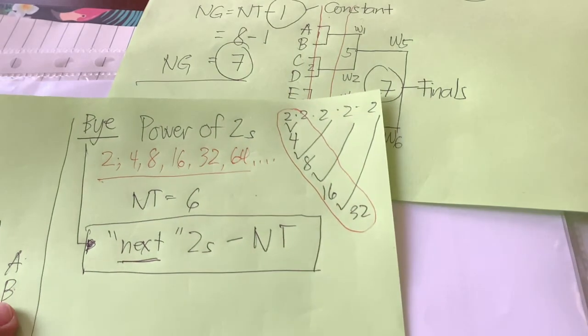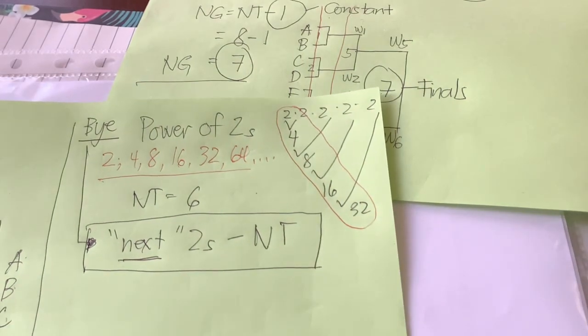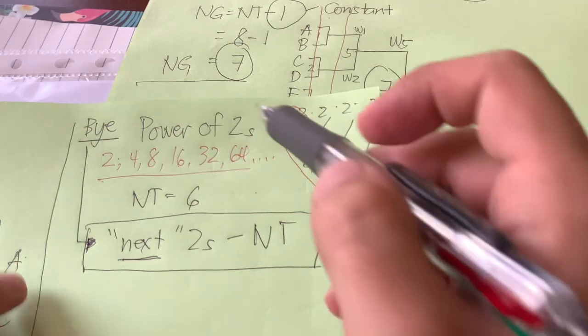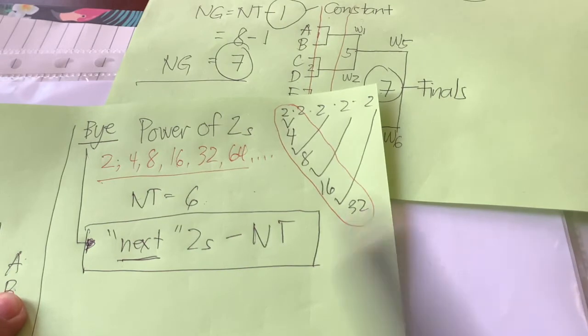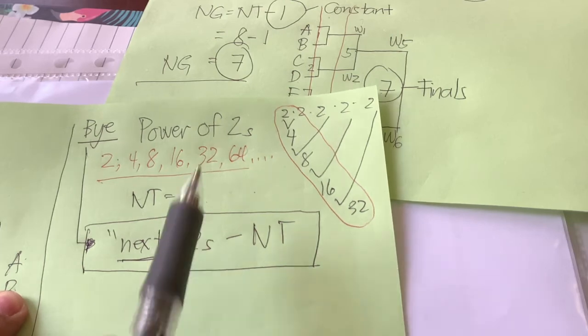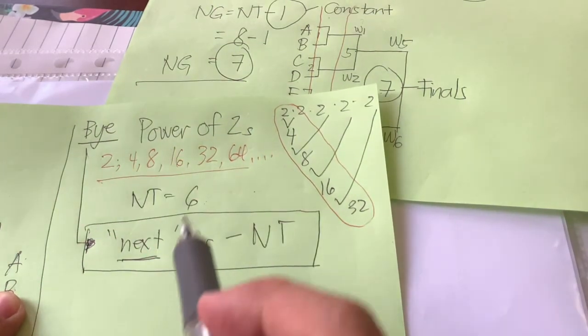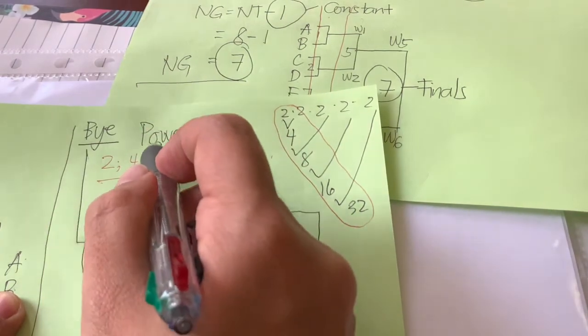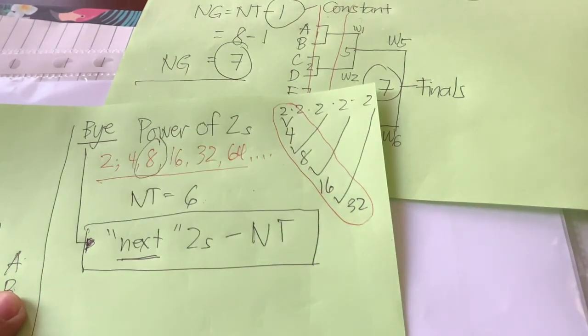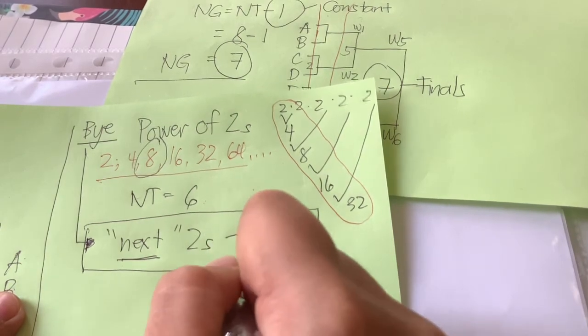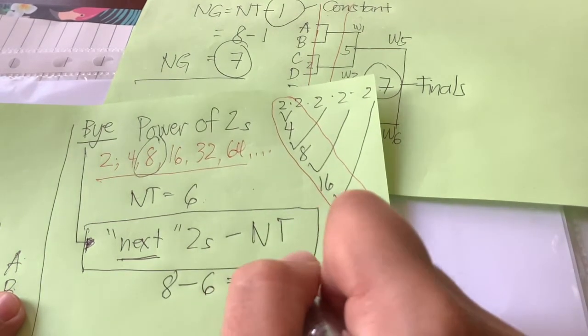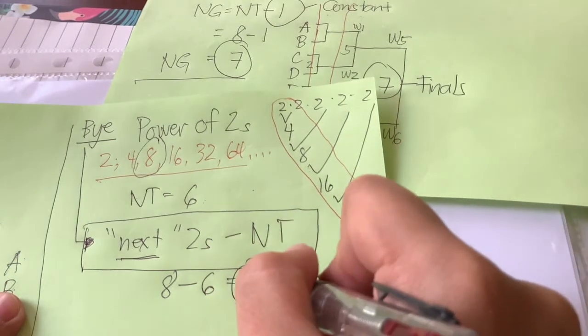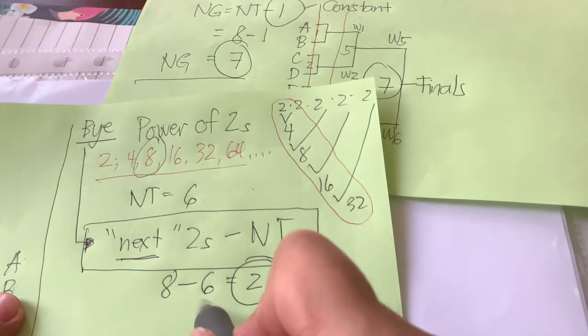Given the number of teams here, which is 6, the next or the largest number from the number of teams would be 8 in this example. So 8 is the next power of 2. 8 minus 6 would be 2. In other words, we will be having 2 byes here.